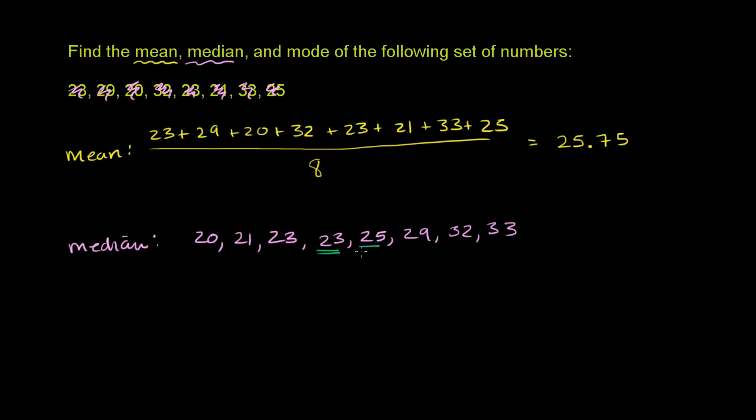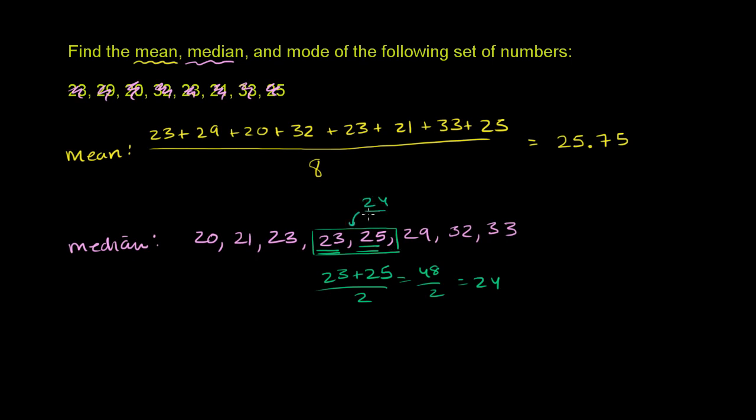And 25 by itself can't be the median because there's 3 larger than it and 4 less than it. So what we do is we take the mean of these two numbers and we pick that as the median. So 23 plus 25 divided by 2, that's 48 over 2, which is equal to 24. So even though 24 isn't one of these numbers, the median is 24.